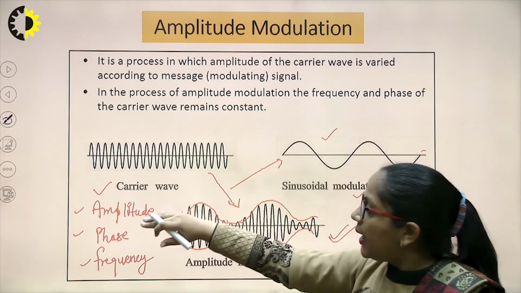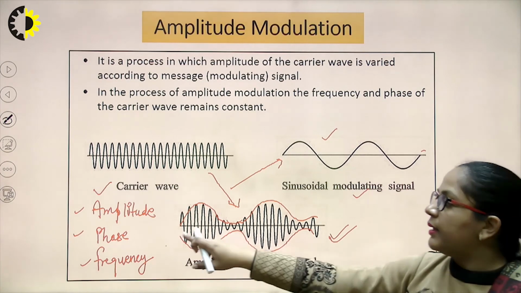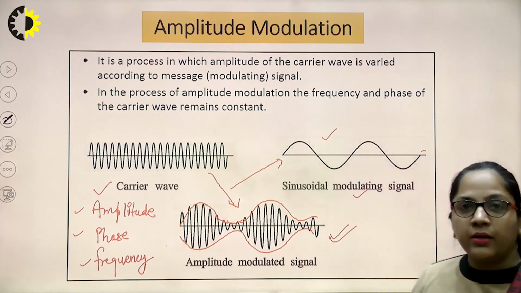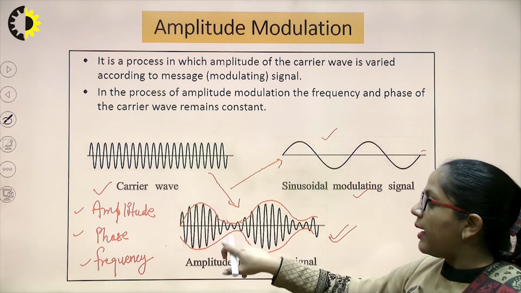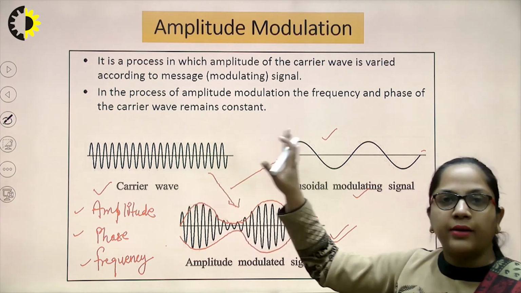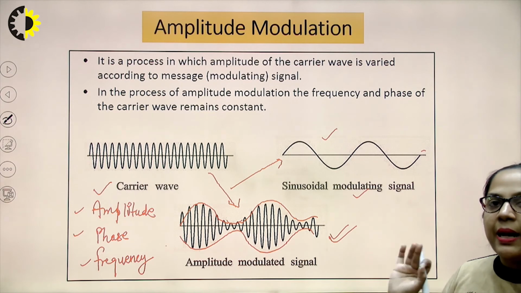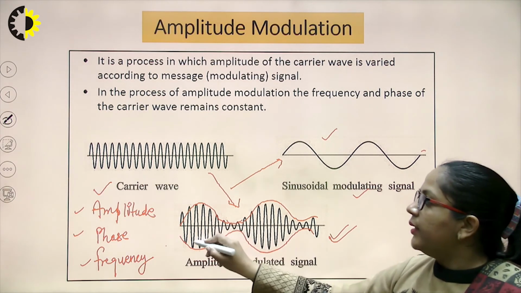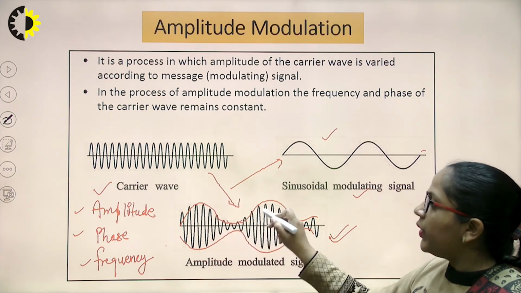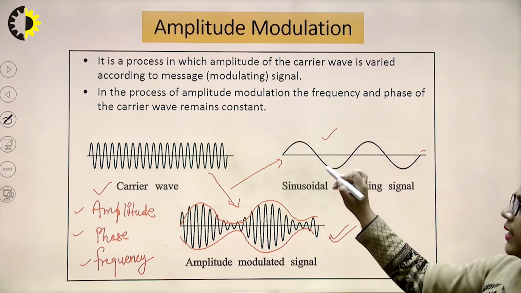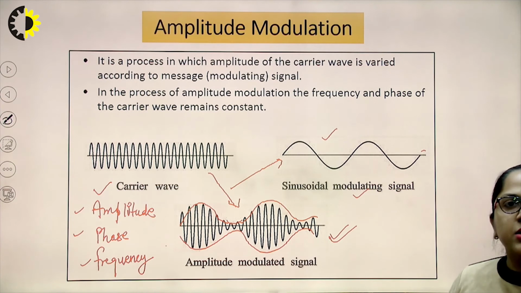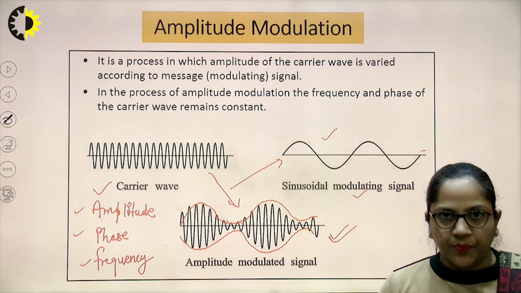When I am varying the amplitude of my carrier signal, the rest of the two parameters will remain constant. That means there will be no change in the phase and the frequency of the carrier signal. So in amplitude modulation, only the amplitude of the high frequency carrier signal will vary according to the message signal, and the rest two parameters will remain constant.